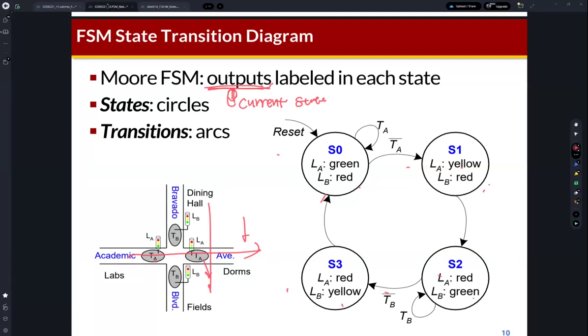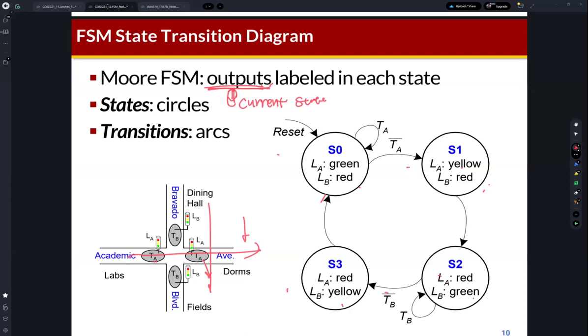Because in a Moore FSM, the number of states is equal to the number of possible output combinations, right? Then based on the input, the states are changed, and we can define state transitions, right?